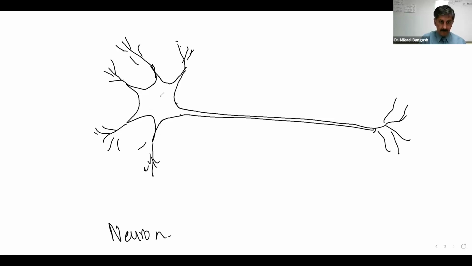So, if this is the neuron, then this is going to be the nucleus. All this structure here is what we just call the cell body, the body of the neuron.